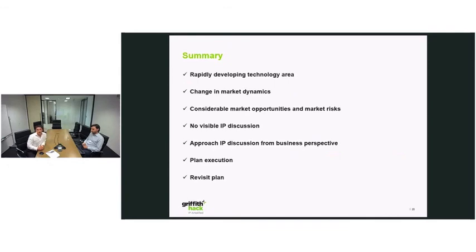Just very high level, as we've said, on the technology area itself and the fintech sector: a rapidly developing tech area, a lot of change in market dynamics, and considerable market opportunities and market risks. Our observation from where we sit is that while IP, intellectual property, is very important, we don't see a high-profile, visible IP discussion around the community generally.